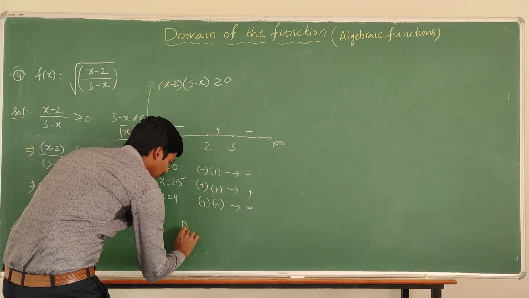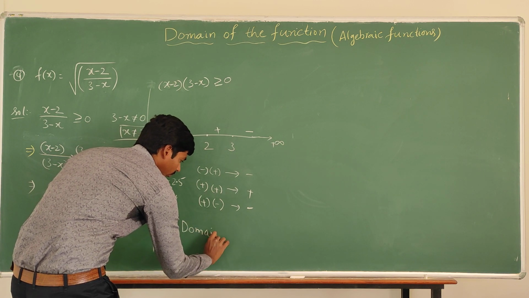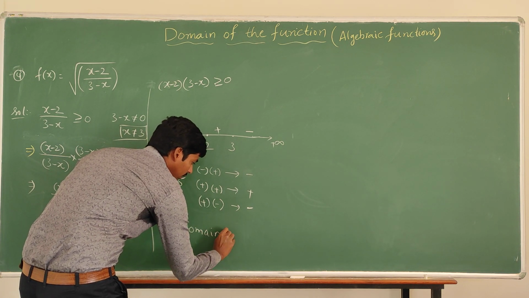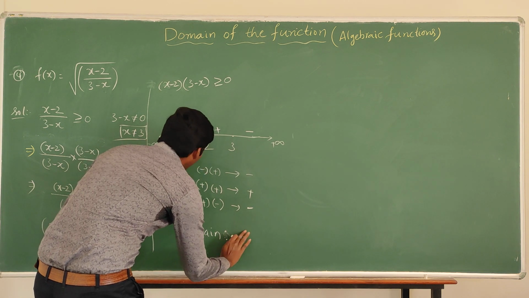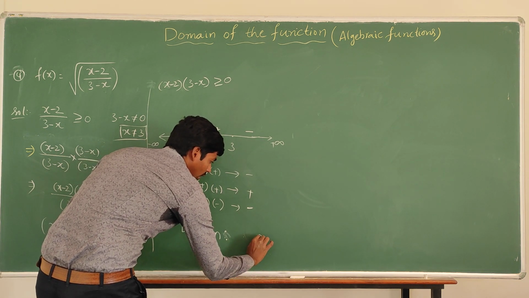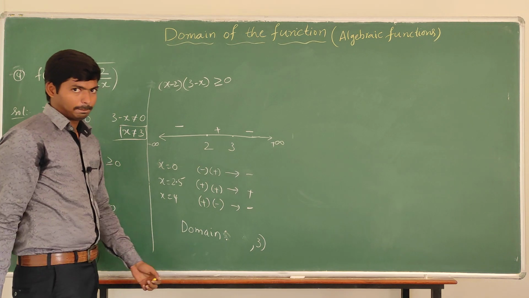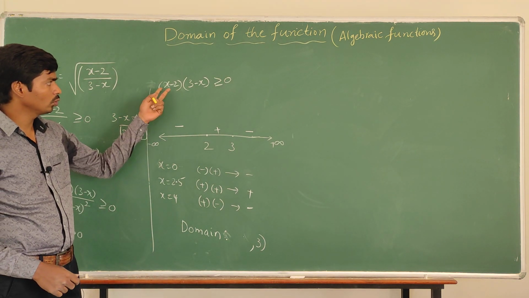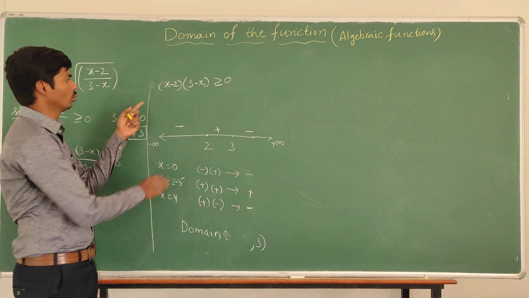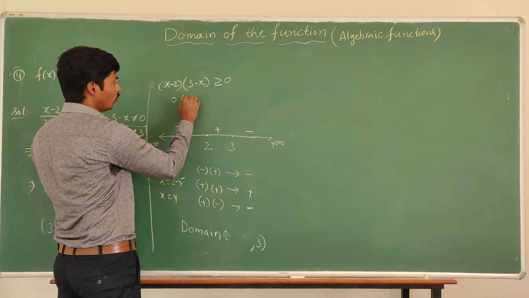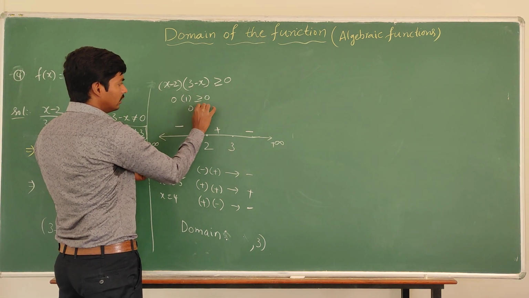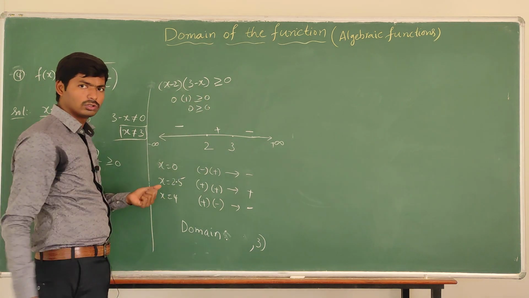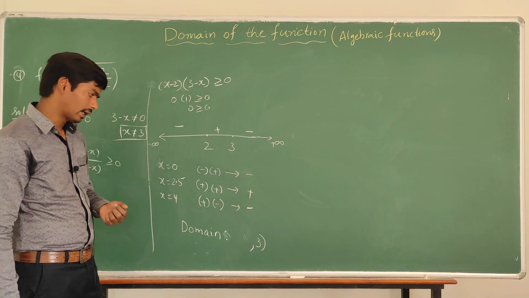So the domain of the function: here I should not include 3, so it is open at 3. Next, do I have to include 2 or not? Substitute 2 in this expression: 2 minus 2 is 0, 3 minus 2 is 1, 0 into 1 is 0, which is greater than or equal to 0, satisfying my condition.